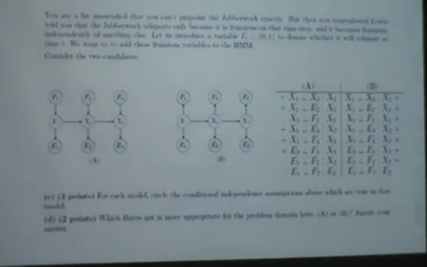In model A, Frumiousness affects which state it's in, and which state it's in affects the evidence variables. Model B shows that which state it's in affects Frumiousness and also affects the evidence variables.